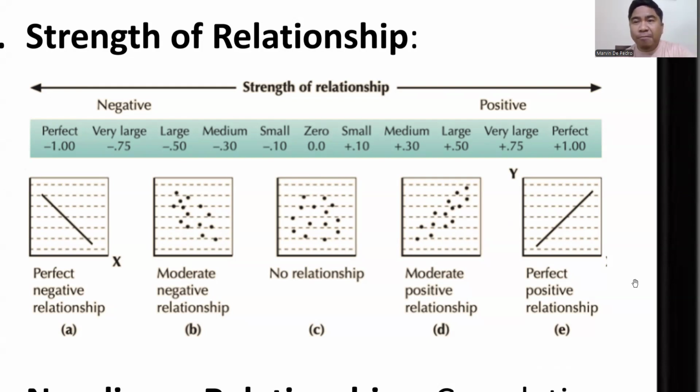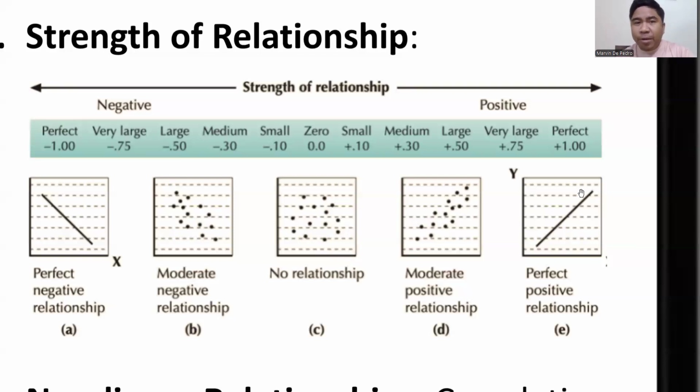In the same way, for positive perfect, we have a straight line going upward. In between them, the middle is zero, or no relationship, wherein we can create neither a downward nor an upward line. We cannot see a pattern at all.